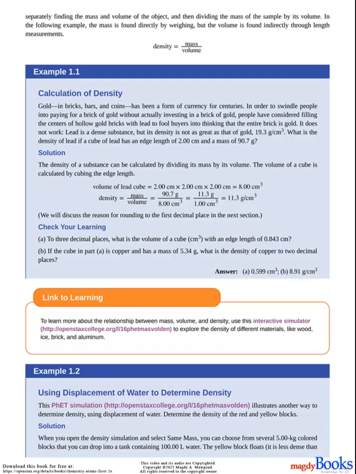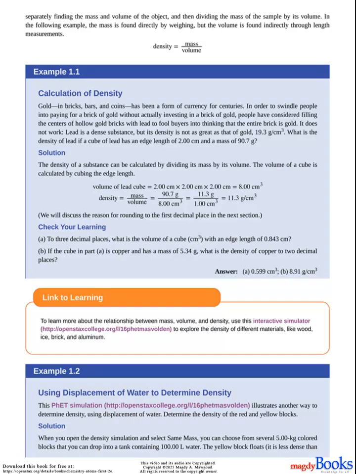Density equals mass divided by volume equals 90.7 gram divided by 8 centimeter cubed equals 11.3 gram divided by 1.00 centimeter cubed equals 11.3 gram per centimeter cubed. We will discuss the reason for rounding to the first decimal place in the next section.